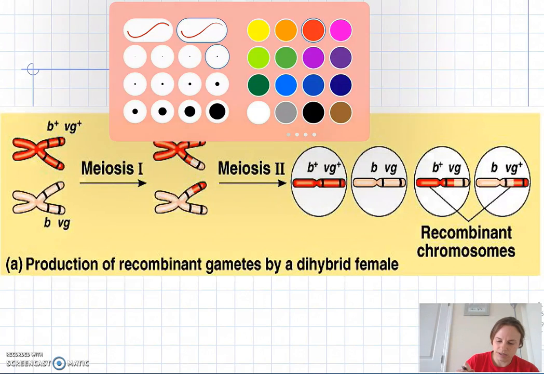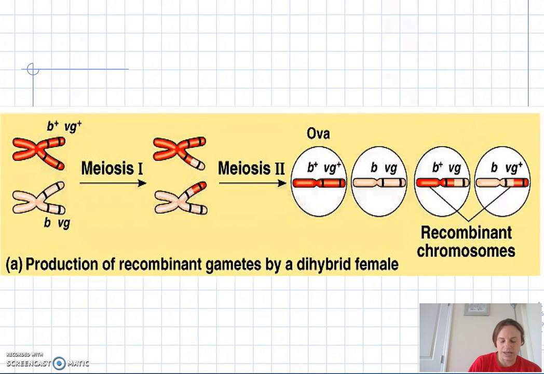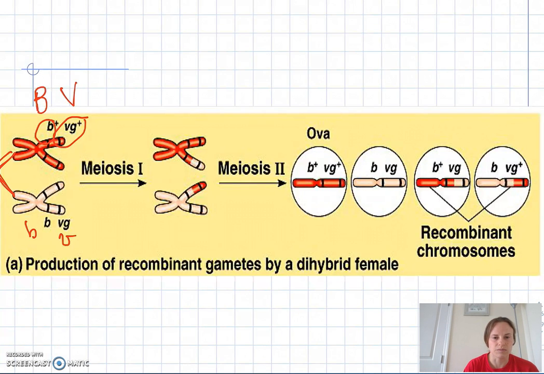Well, let's take a look at the female's duplicated chromosomes that happen before meiosis 1. So here I've got my female chromosomes, where on each chromosome I have both alleles, and then I've got my homologous pairs of that chromosome.